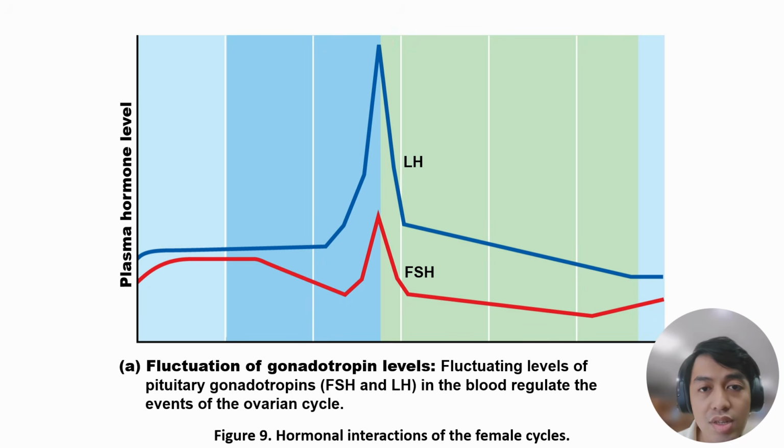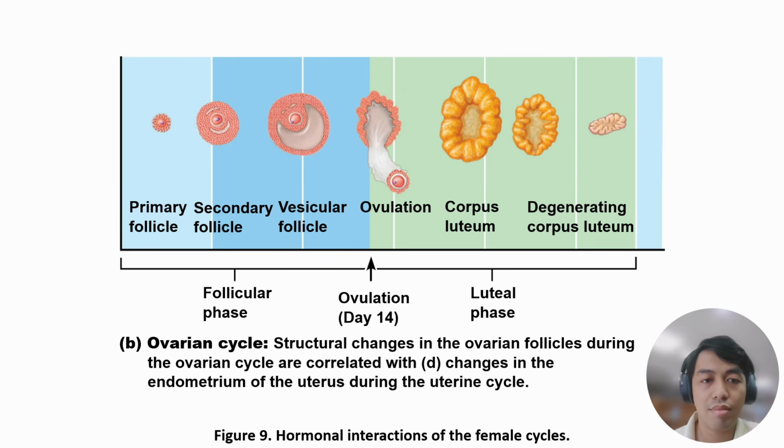And this triggers the Graafian follicle to release the egg cell. Again, on day 14, this is also the time in the ovarian cycle wherein the Graafian follicle releases the egg cell in the event called ovulation.